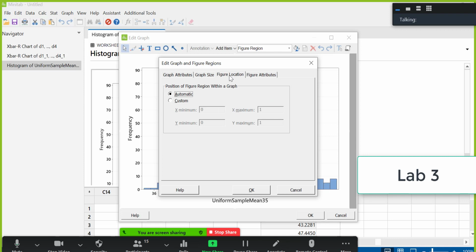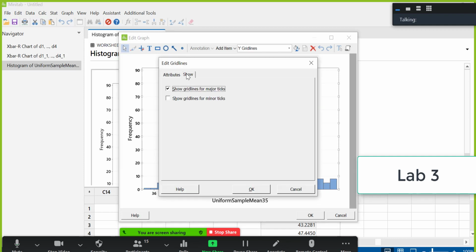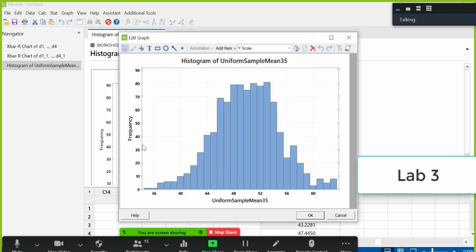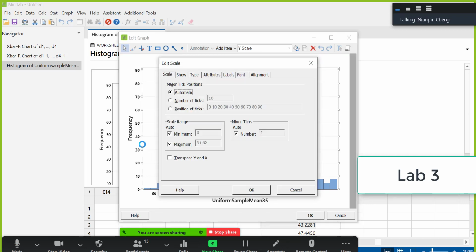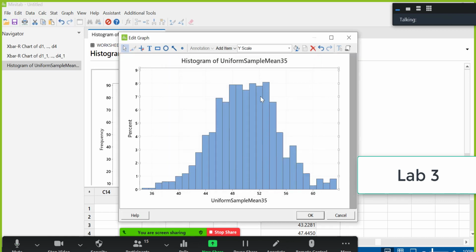So for the frequency, we can change the type to percentage. So this is the histogram.